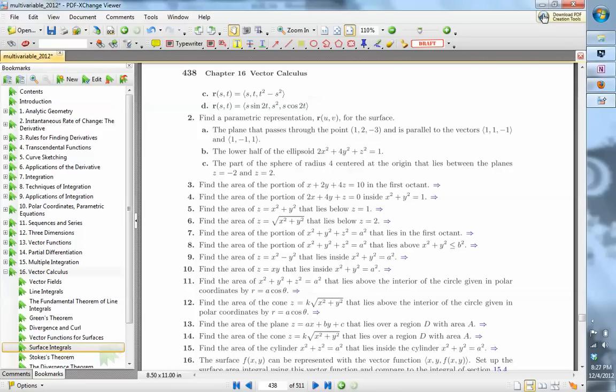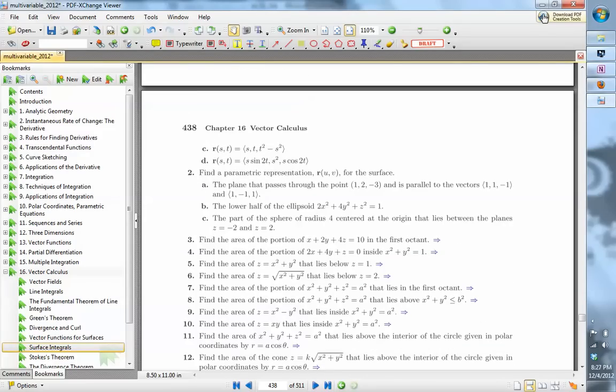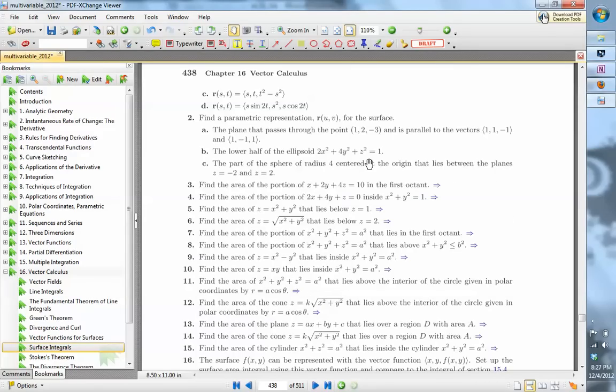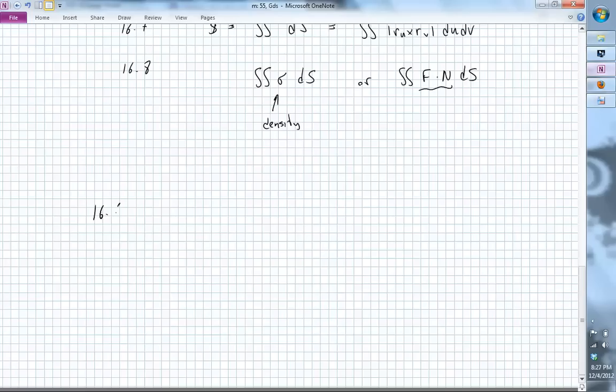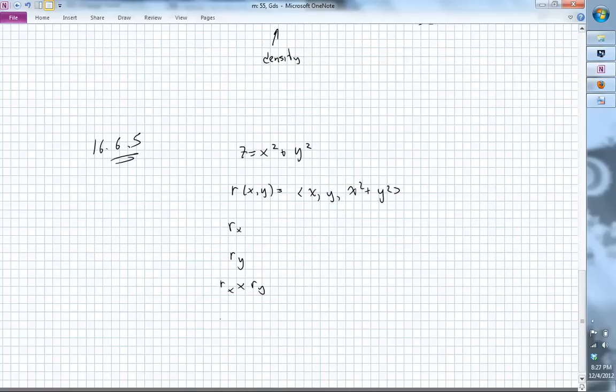16.6, number 5. So now you just go through that whole Rx, Ry, Rx cross Ry, and then the magnitude of Rx cross Ry.